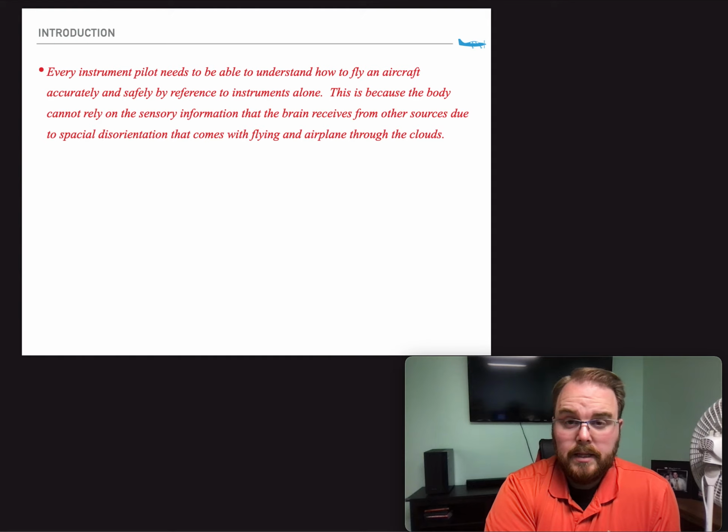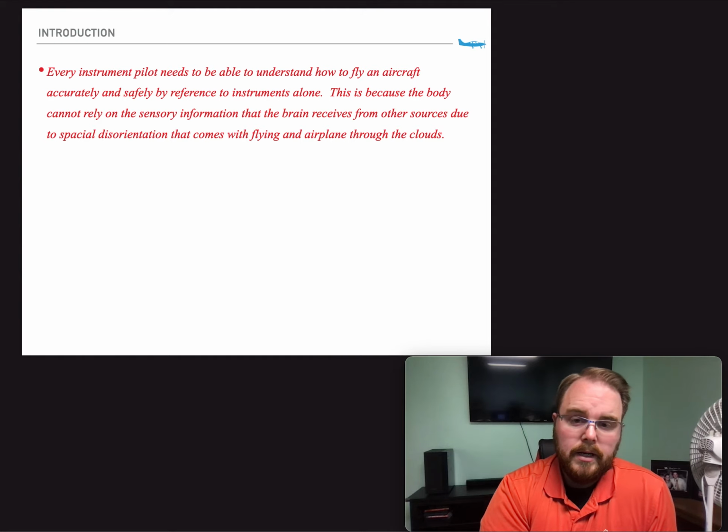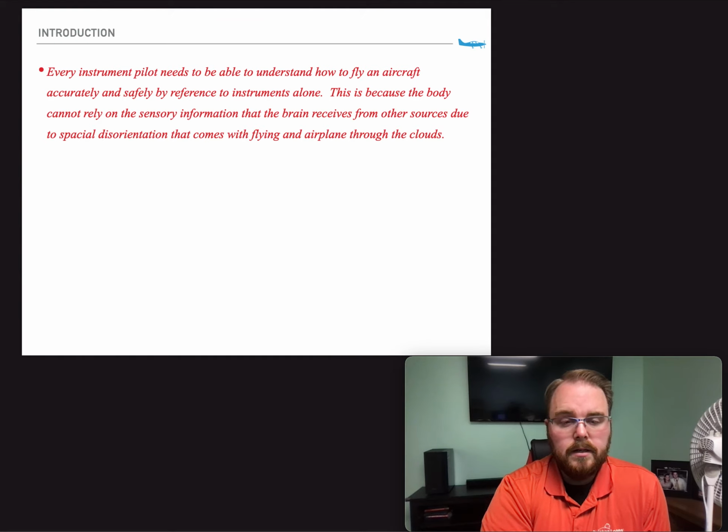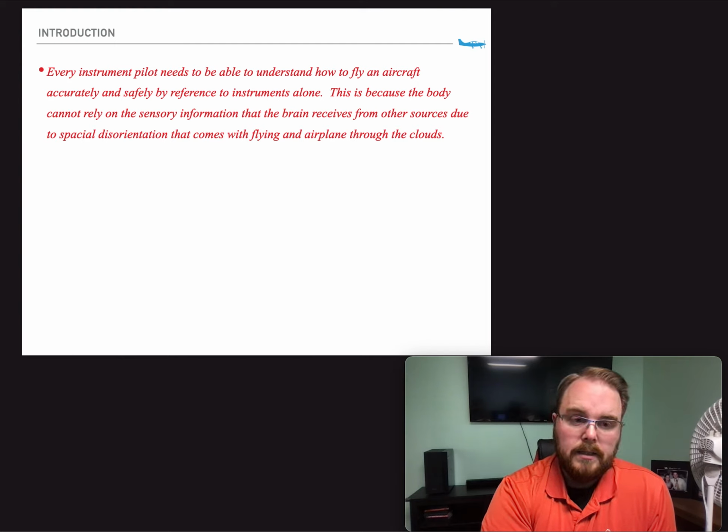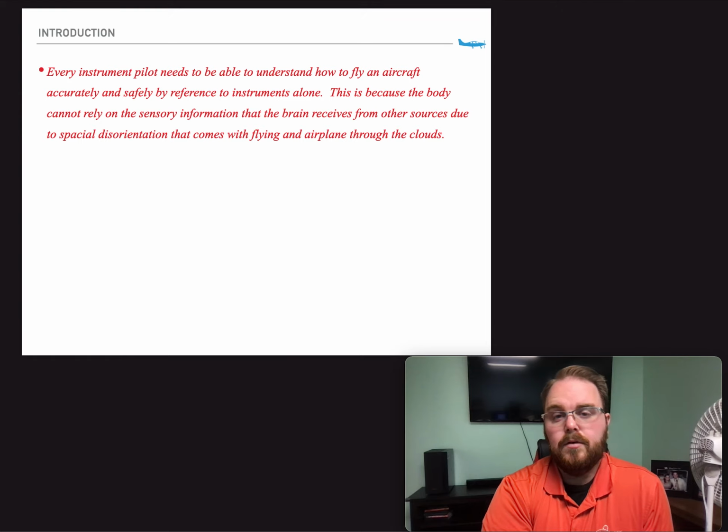Because you can't see outside of the airplane, you have no reference to the ground. So it can't rely on its postural system, and it can't rely on the inner ear to make decisions about where we are in space, so we become spatially disoriented. In order to overcome that, we need to be able to rely on our instruments, be able to correctly cross-check these instruments and interpret them to see if we are in a desired flight attitude or flight condition for our current phase of flight.